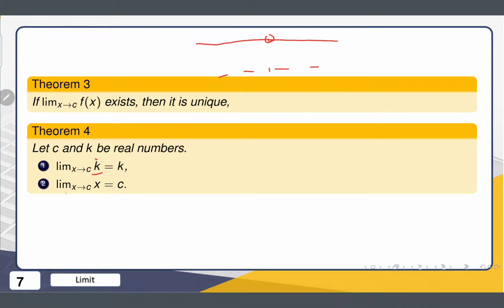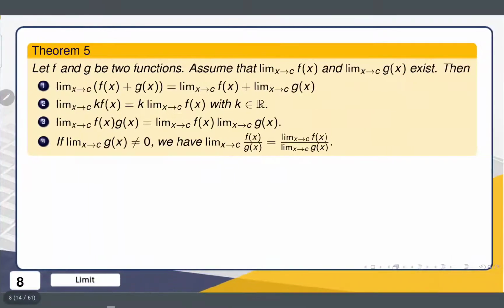And if you have the limit as x approaches c of x is equal to c, because if you have f(x) equal to x, that's the linear function, then whatever c you approach, you will get the same c for your f(x). And these are other properties.